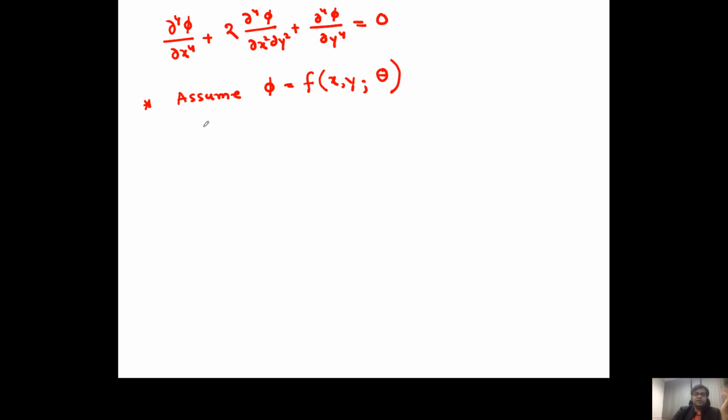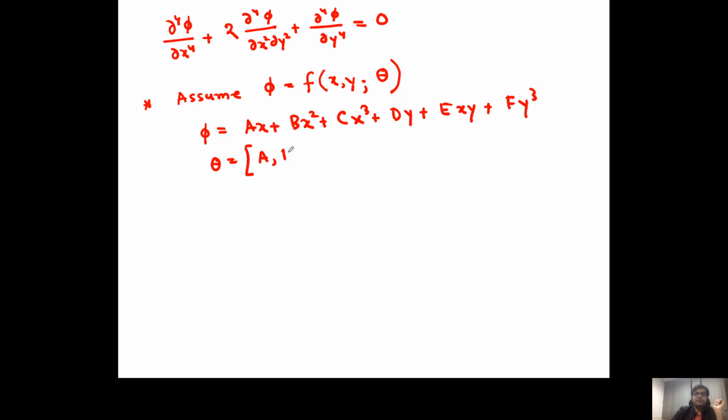For example, if I write phi to be ax plus bx square plus cx cube plus dy plus exy plus fy cube, then my parameters theta are a, b, c, d, e, f.